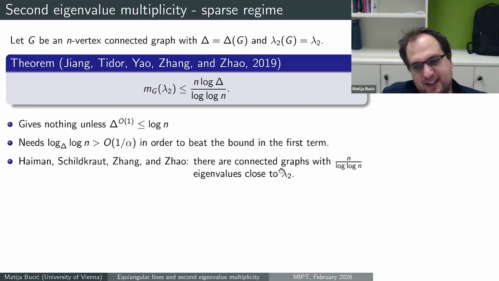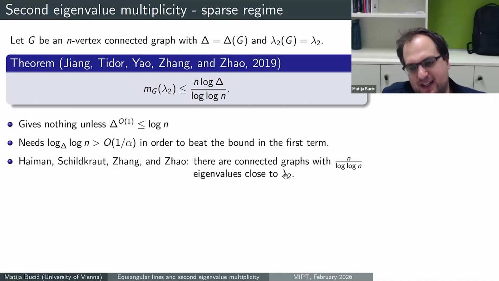And the reason is that there are actually connected graphs which do have n over log n eigenvalues which are very close to lambda 2. Now, these are not showing that this is a tight upper bound because they can't get them to be exactly lambda 2. But all of the upper bound arguments that we have are of analytic flavor, so they can't really distinguish between lambda 2 and something which is very close to lambda 2.